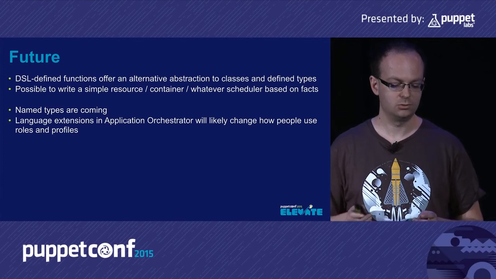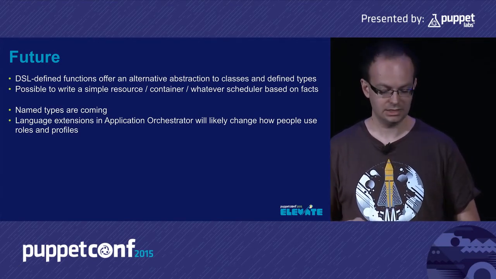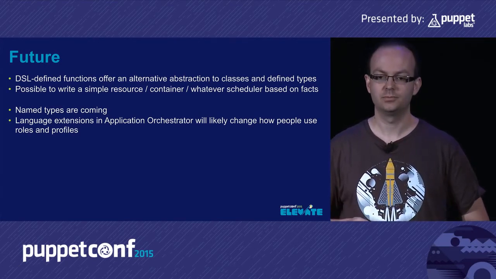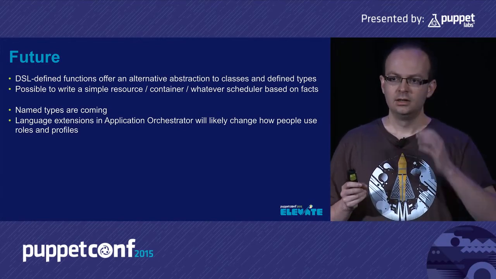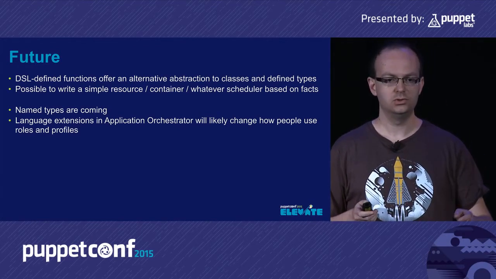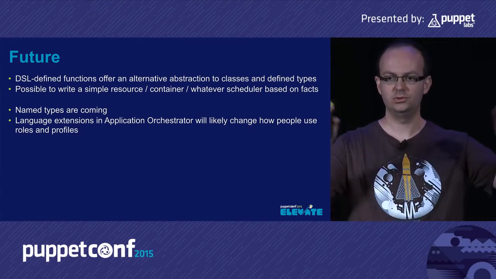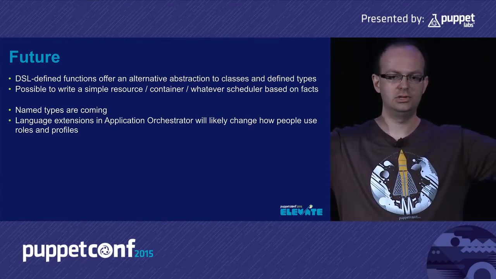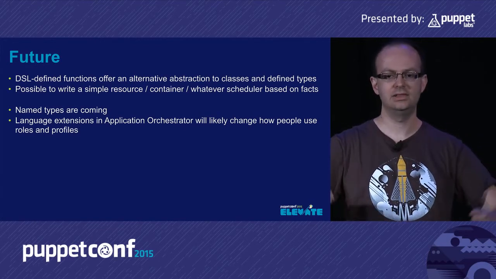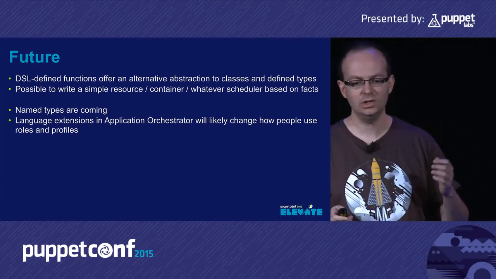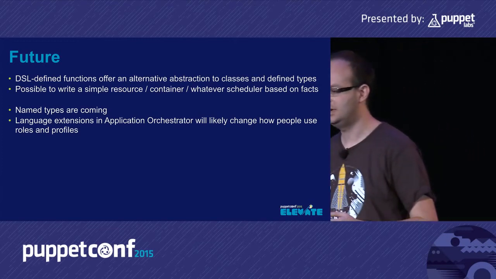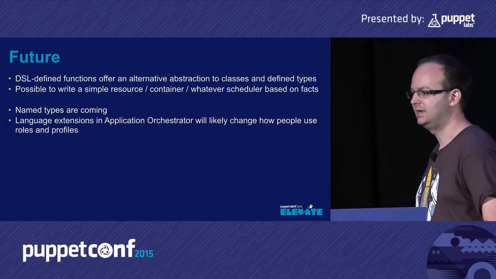Another thing that I'm really looking forward to that we don't have yet is named types. Right now, you have to use types the way that I demonstrated earlier, where you list that whole long definition of a hash and what is in that hash. It will be extremely convenient once it exists. It's a planned language feature.